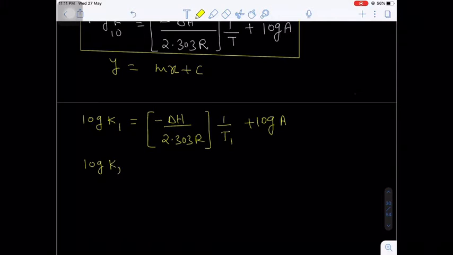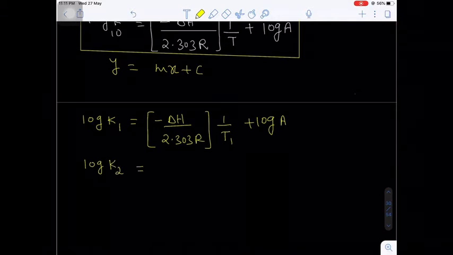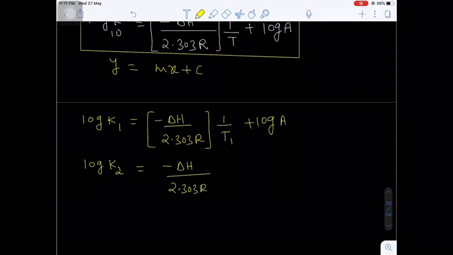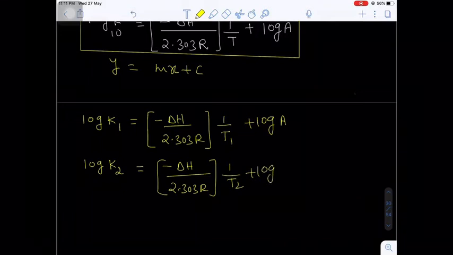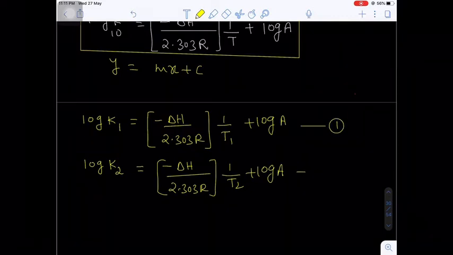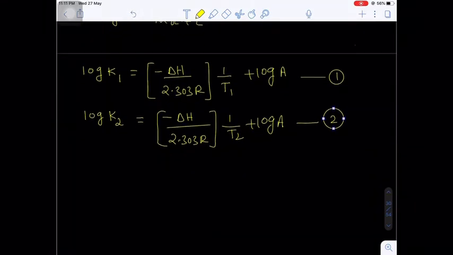Now suppose I take another temperature T2 Kelvin where the equilibrium constant is K2. So log K2 is equal to minus delta H whole divided by 2.303 capital R into 1 by T2 plus log A. This is equation 1 and this is equation 2.